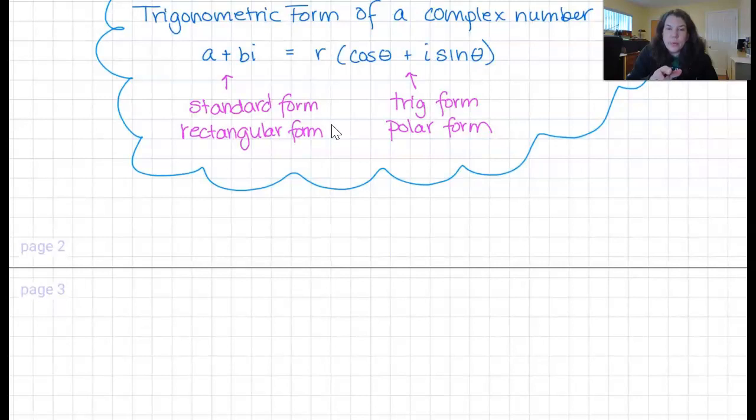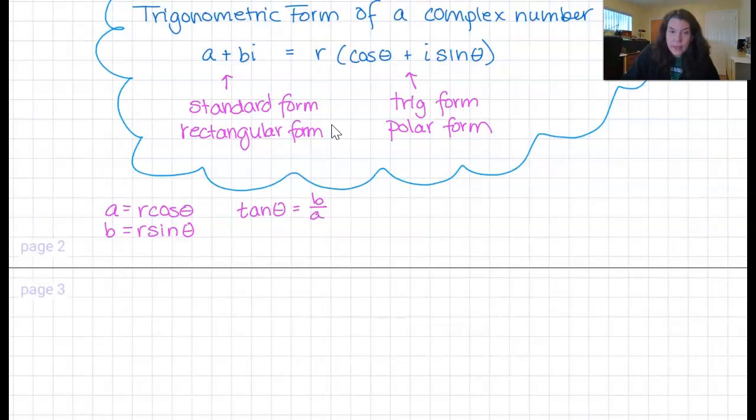This works a lot like what we were doing before with our old stuff. Here are some formulas to keep in mind. We already said that a is r cosine theta and b is r sine theta. We also know that tangent of theta is b over a.